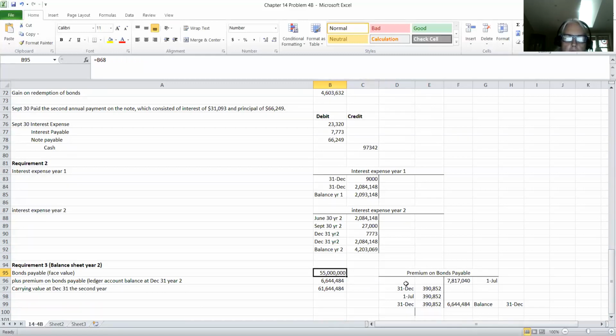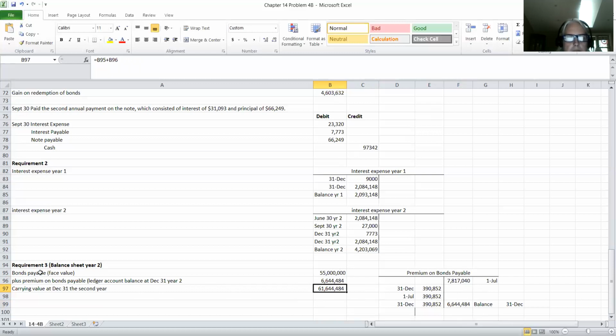And we find that this is the ledger account here, the premium. These are the journal entries that we created until we get to this balance at the end of year 2 at $6,664,484. We would subtract that to find the carrying value on our balance sheet.